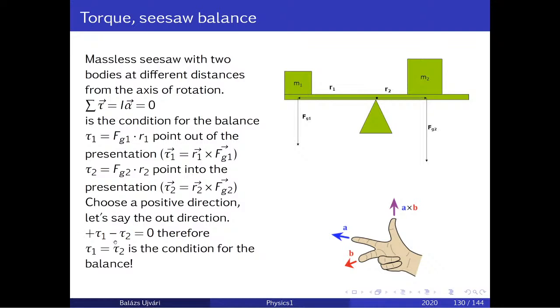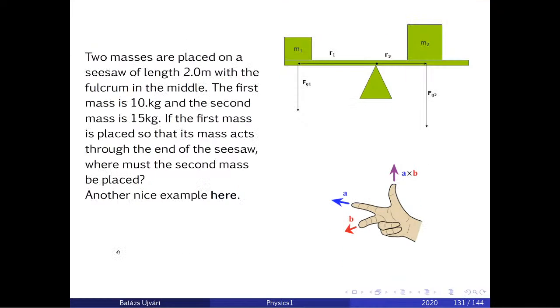If we choose a positive direction, let's say parallel with torque 1, we can forget the vectors. In this case, this is a positive torque 1, so weight 1 times r1 minus torque 2, which is Fg2 times r2, and therefore the condition of the balance is what you expect. The two torques have to be the same and their directions are opposite.